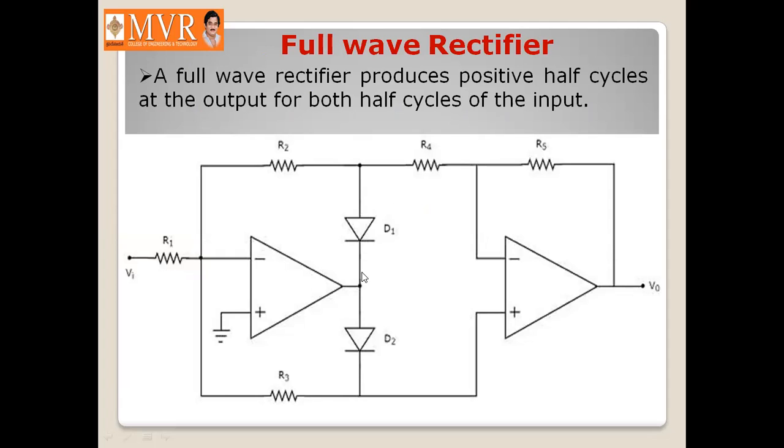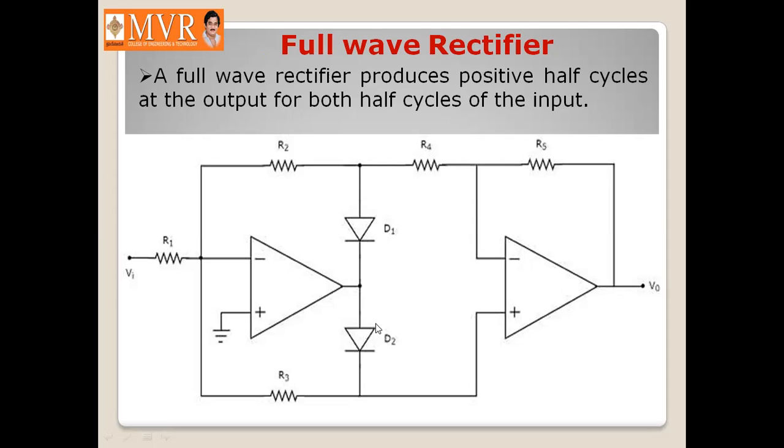When the output is negative, D1 will be forward biased, as I have said that whenever the output of the first op amp is negative, D1 will be forward biased, and simultaneously D2 will be reverse biased.